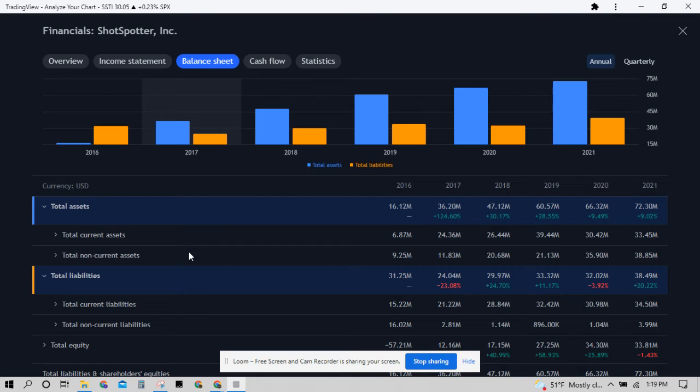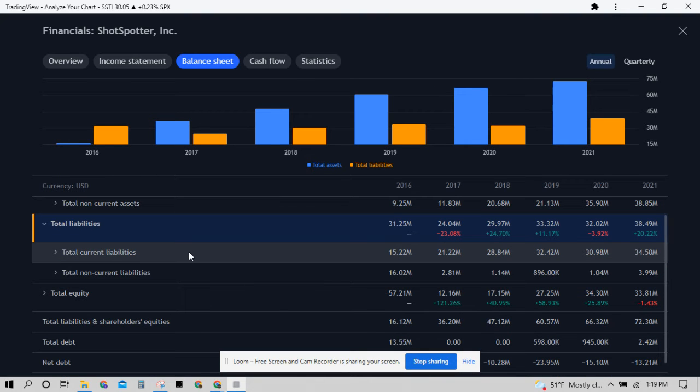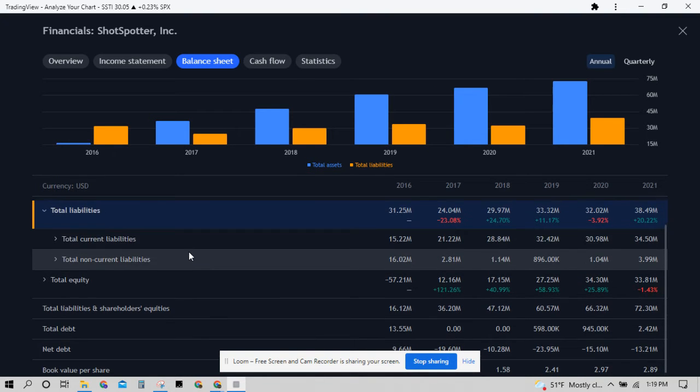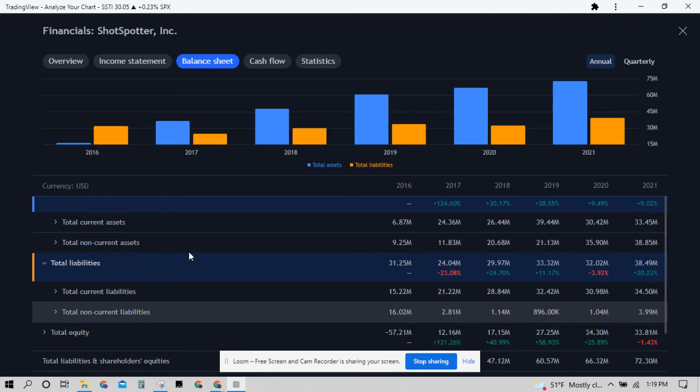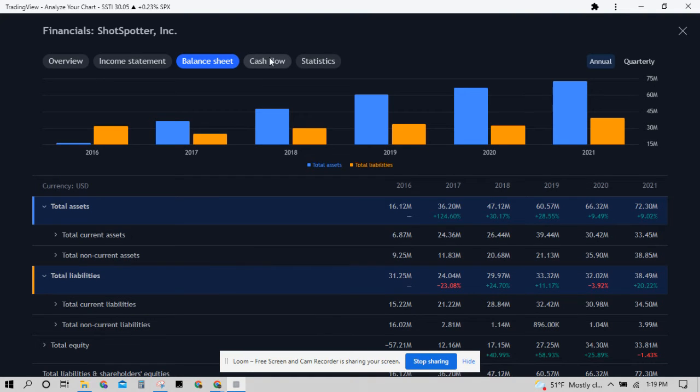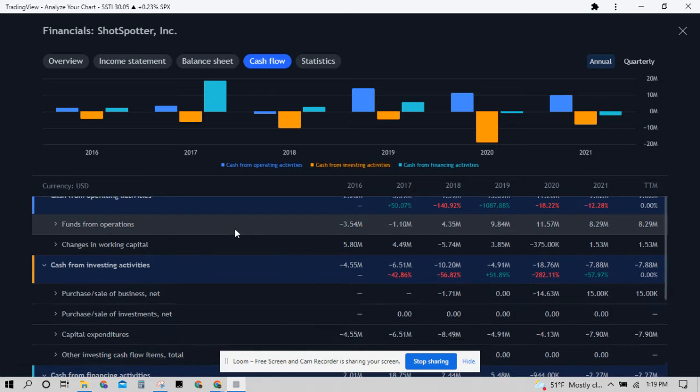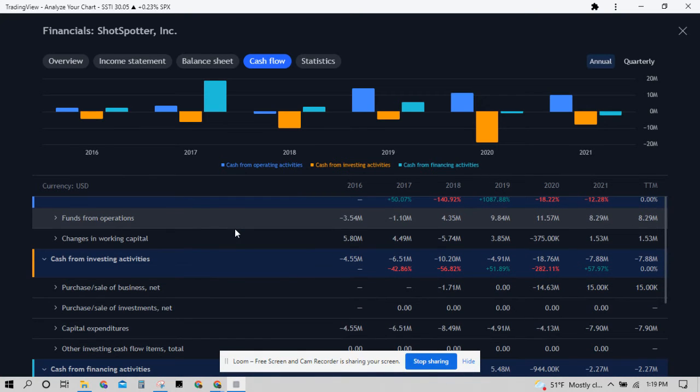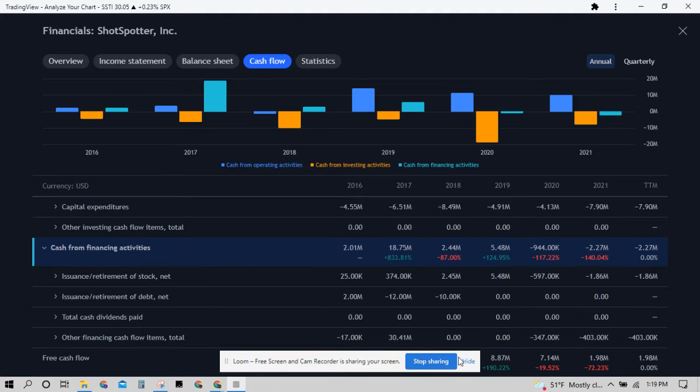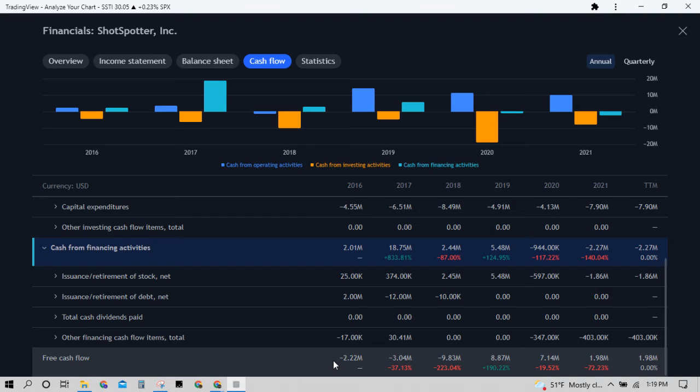So then you go to the balance sheet and you can really quickly look for what it is that we know to look for on the balance sheet. Another thing that we know is important is cash flow. So you want to go over here and see if they have money. It looks like it's declining for whatever reason. We went from negative 3 million to negative 9 million up to 8.87 million, but then back down.